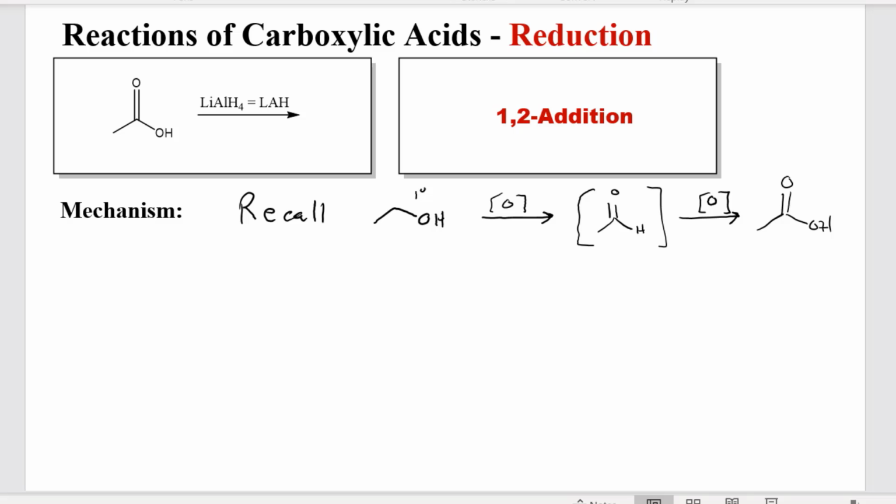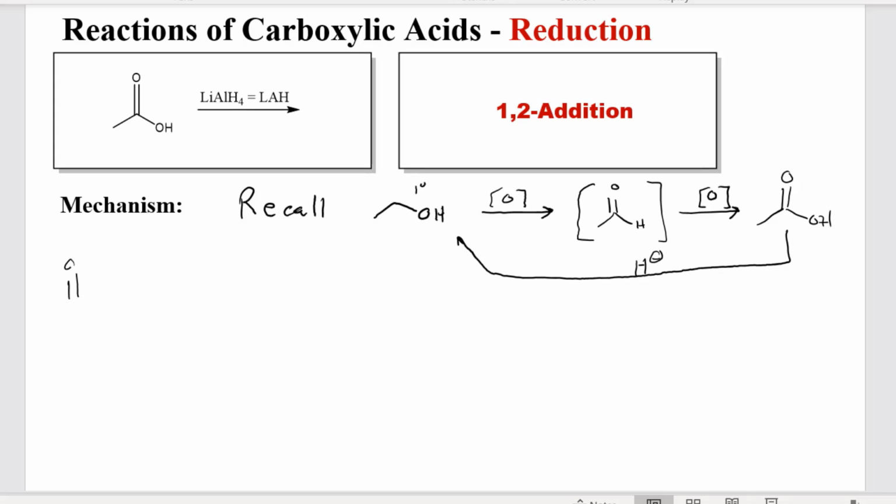What I'm asking is, can we take this carboxylic acid and go all the way back to the alcohol using reduction, H- conditions? And that's what we're going to show here.